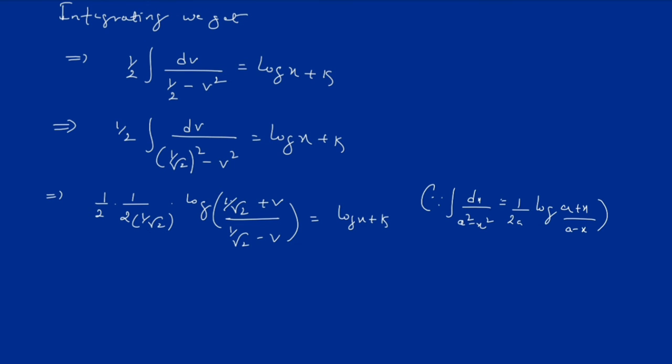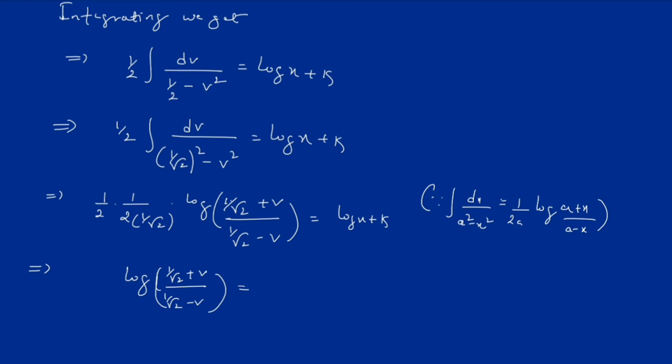In a similar manner, we have substituted this in the form of a square minus x square, which is nothing but 1 by 2a into log of a plus x upon a minus x. Here a means 1 by root 2, x means v, right? So after simplification, what we get here is log of 1 by root 2 plus v upon 1 by root 2 minus v, and here 2 root 2 is there.